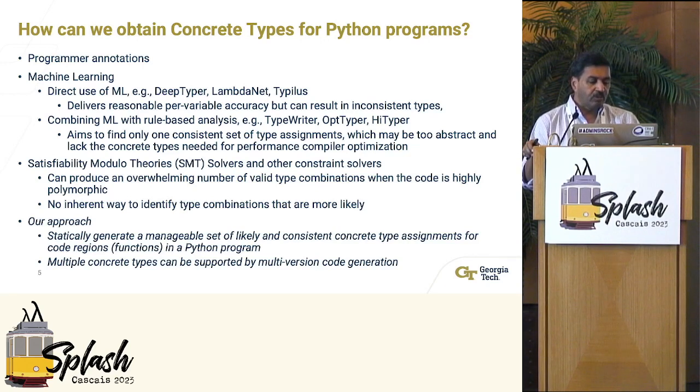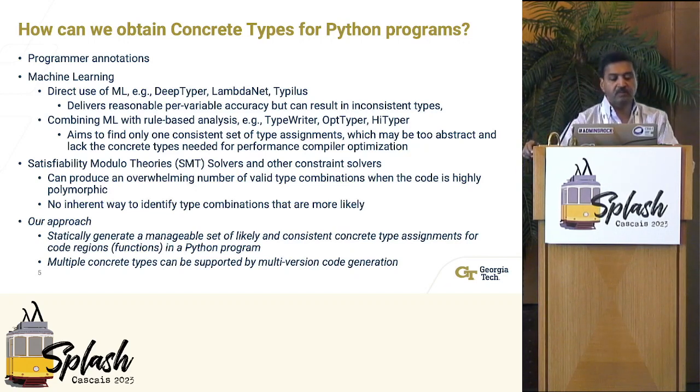So our approach is to explore how both of these can be combined. We want to statically generate a manageable set of concrete type assignments that are both likely and consistent for some regions of code in a Python program.